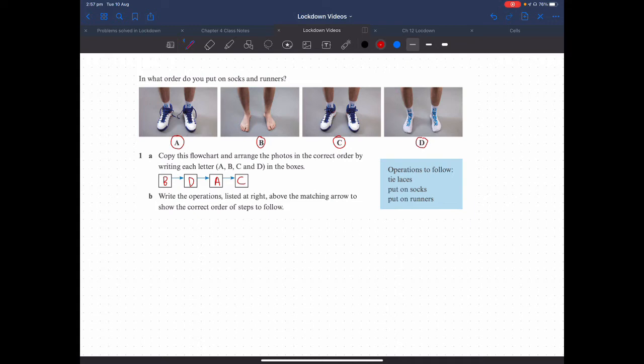B says, write the operations listed at right above to match the arrows. From B to D, the socks were put on. So socks were put on.